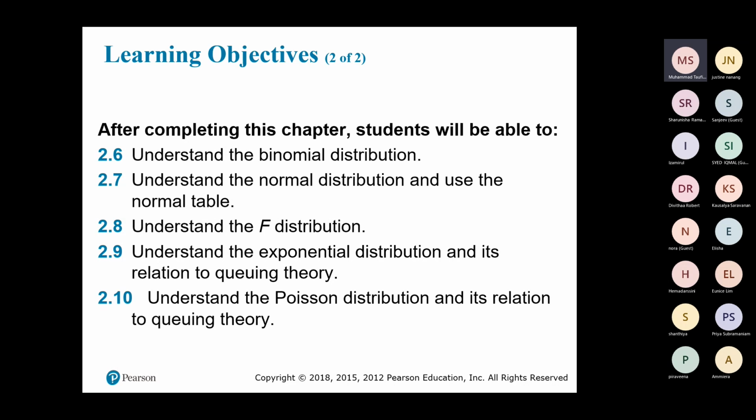Then we have another one: understand the binomial distribution, understand the normal distribution and use of the normal table, understand the F distribution, understand the exponential distribution, and understand the Poisson distribution. This is the basic probability study we learn in this chapter.